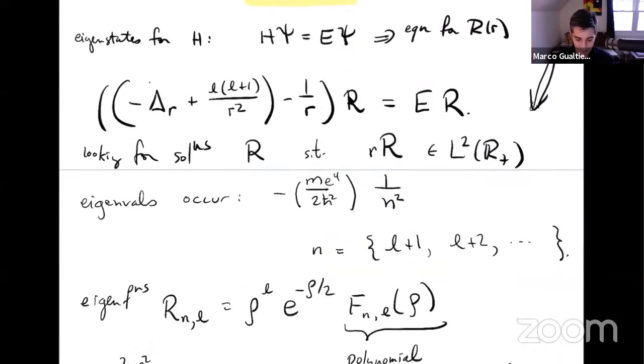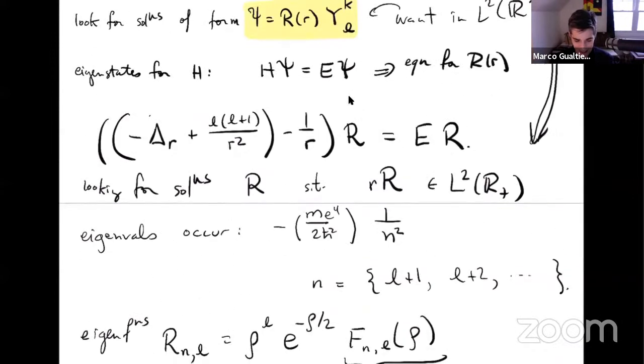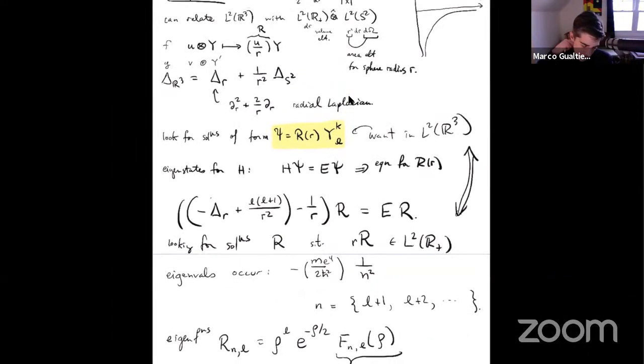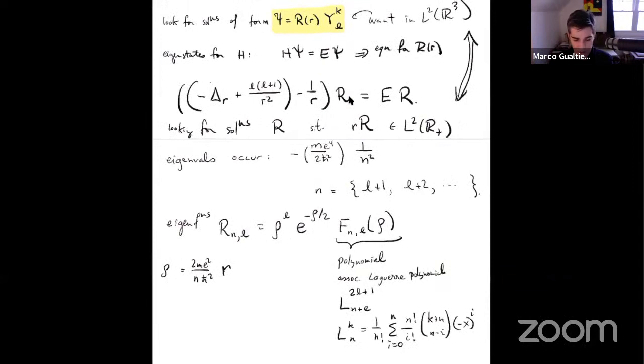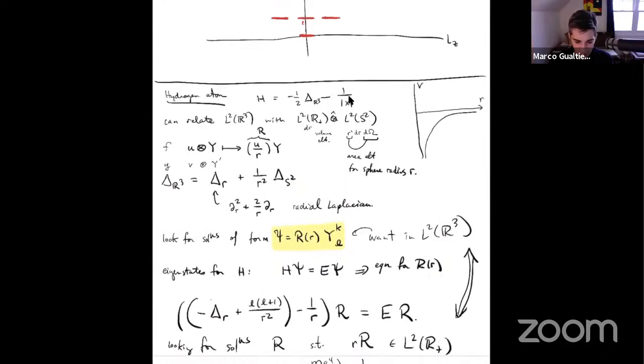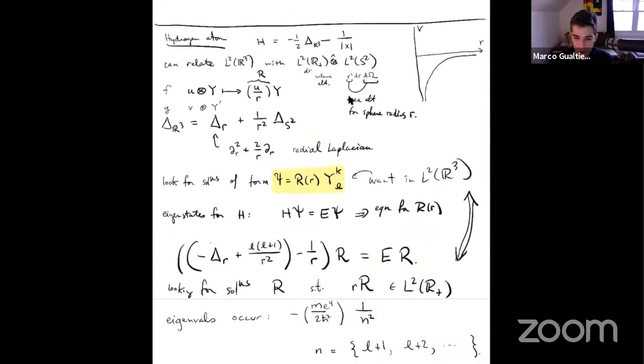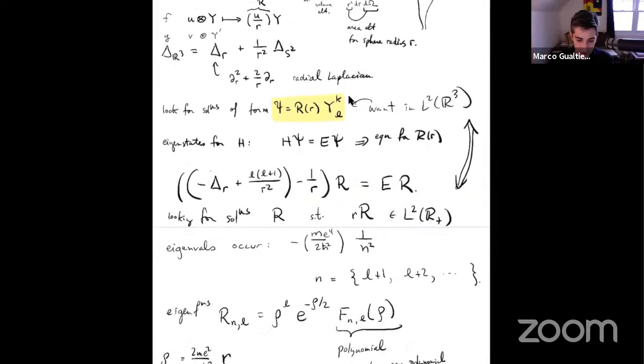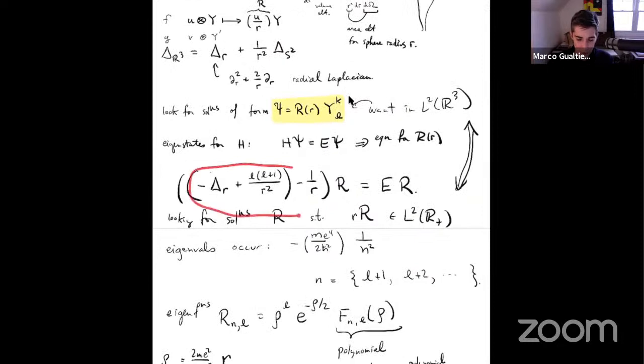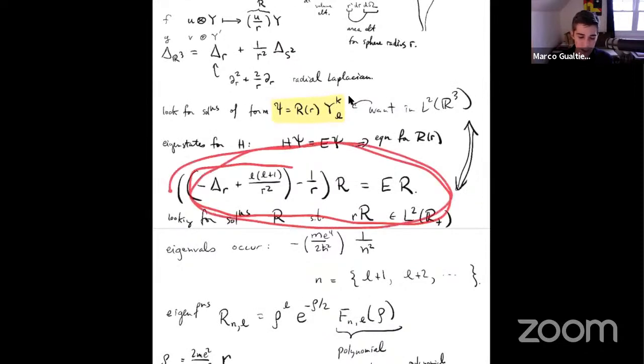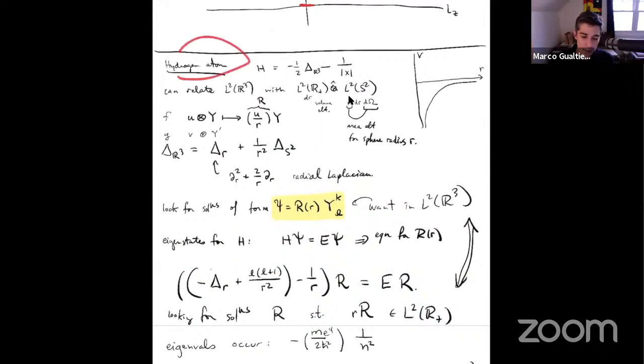Okay, so the first thing that I want to say is that I didn't go through the detailed derivation for how you solve this equation. Basically the hydrogen atom breaks up as two systems.